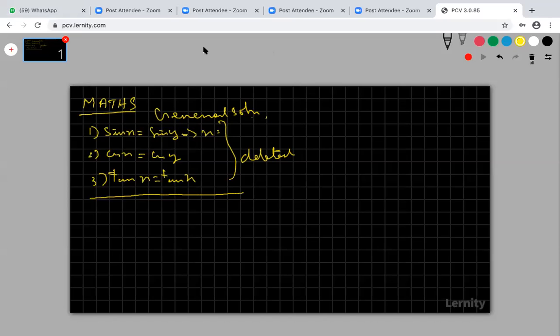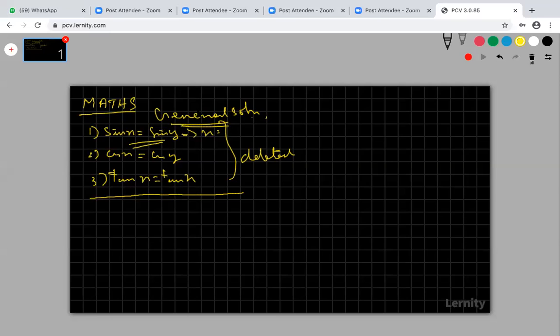Yes, trigonometric equations deleted, correct? Only the general solution is deleted. In trigonometric equations, the principal solution is still there.